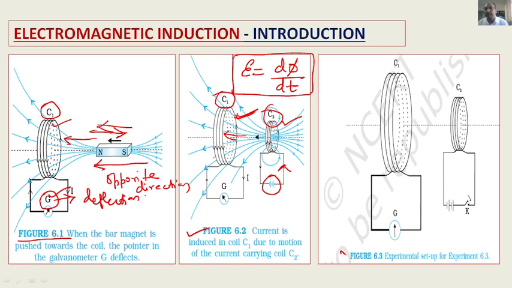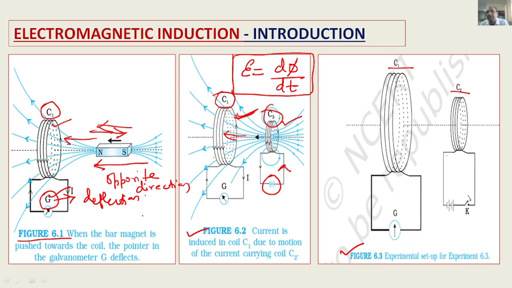Another experiment, the third experiment which was conducted. Again the coils C1 and C2 are placed. The coil C1 is again connected with the galvanometer as it is.